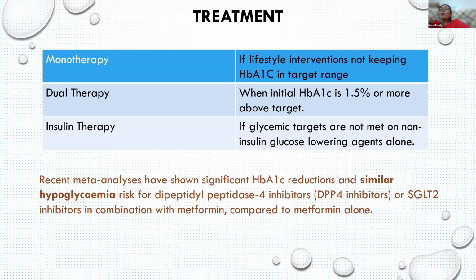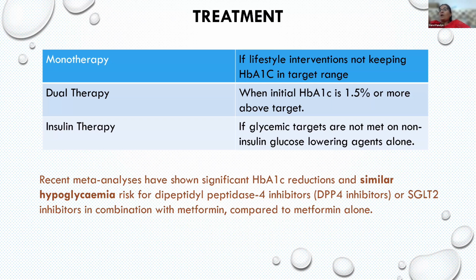Quite a lot of us have the impression that the gliptins, such as sitagliptin and linagliptin, which are DPP4 inhibitors, and the SGLT2 inhibitors, such as dapagliflozin, do not cause hypoglycemia. But there are recent meta-analyses showing that these medications, when combined with metformin, can cause hypoglycemia.